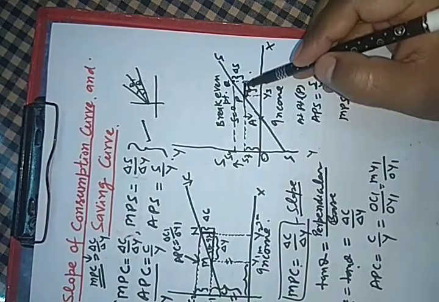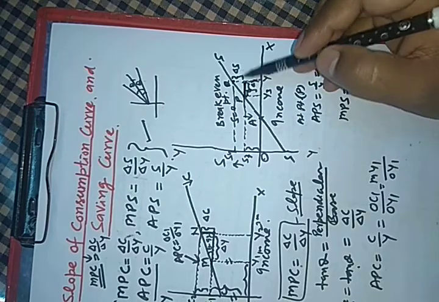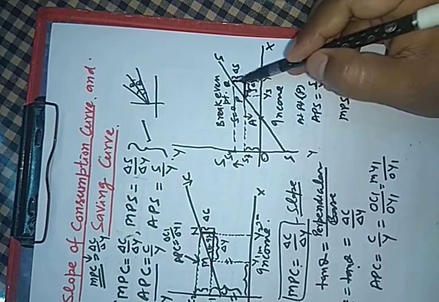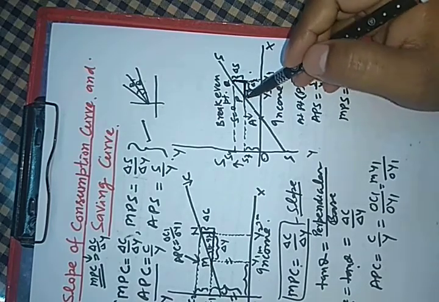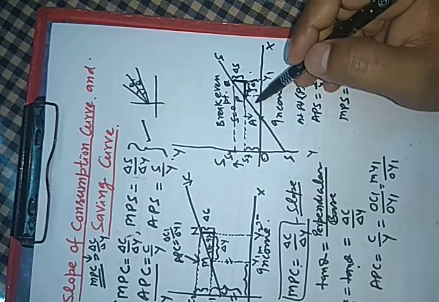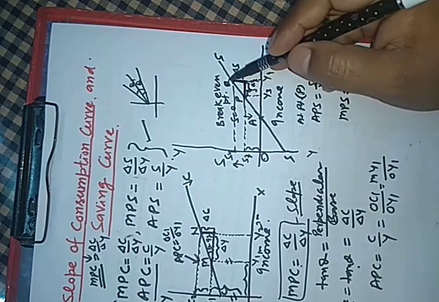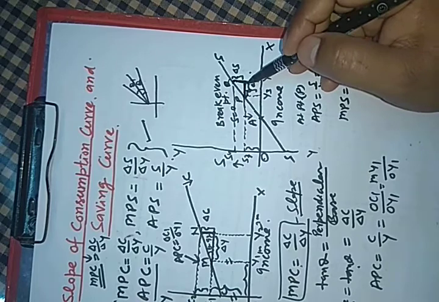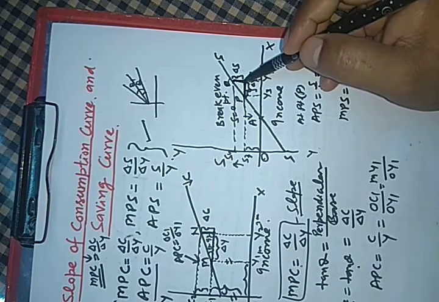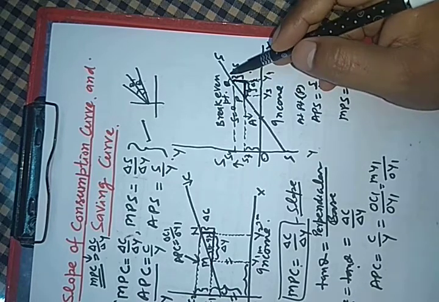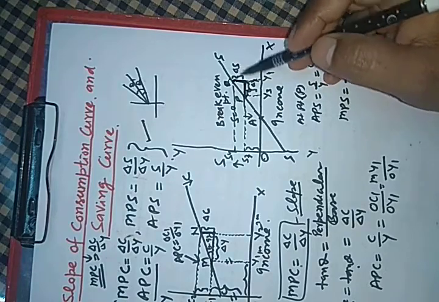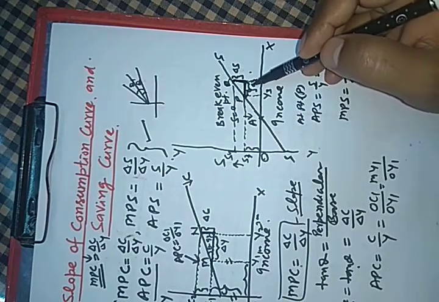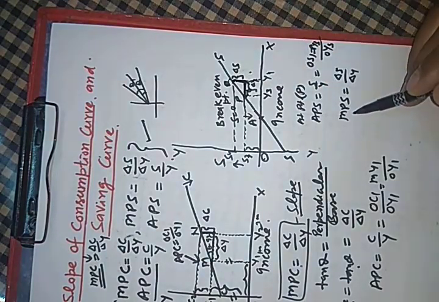This distance shows the change in income and this distance shows the change in saving. So if you move from point P to point Q, you can easily find how much change in income and how much change in saving on this curve, right? The ratio between the change in saving and the change in income is denoted as MPS.